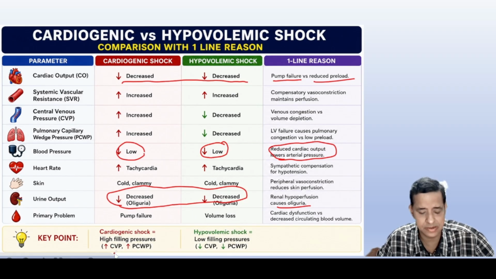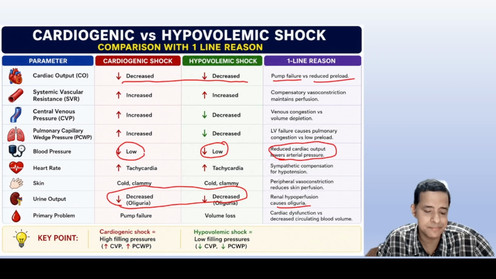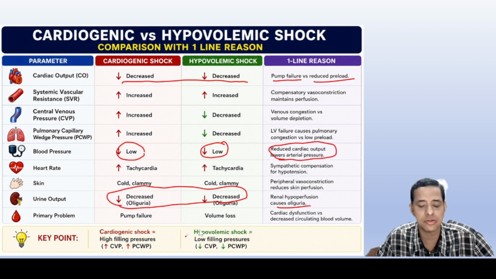Here you have to think about increased CVP and increased pulmonary capillary wedge pressure. This is cardiogenic shock, and the opposite is hypovolemic shock, which has decreased CVP and decreased PCWP. You have to know this shortcut. This is the way you can remember. The rest are similar actually.